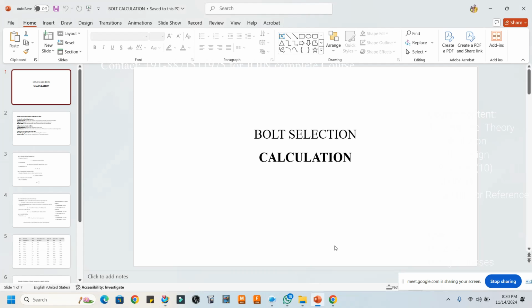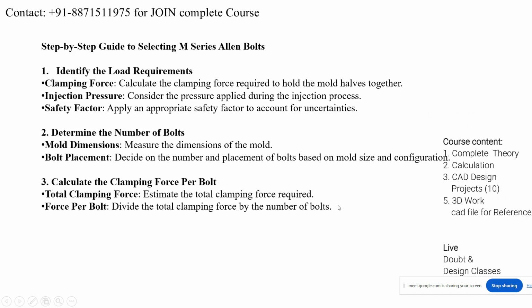So you understood about these things? To see what is the procedure for bolt selection or the calculation. Is it clear? See here. So step by step, I will guide you about that. So how to select the M series Allen bolt.